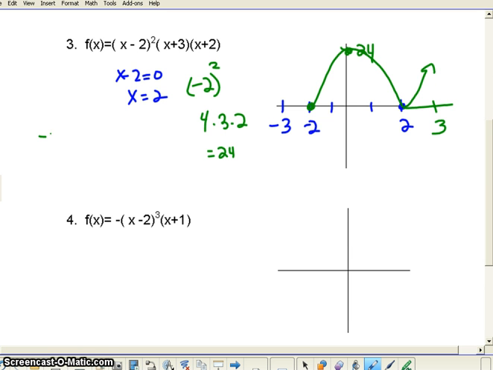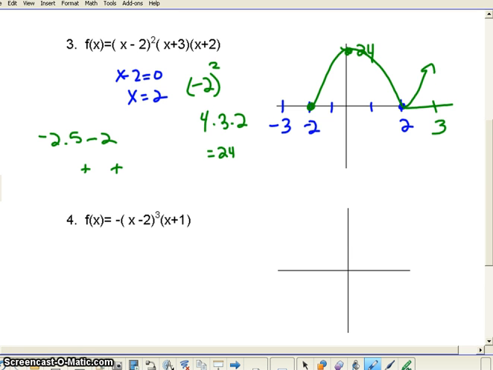All right, now the behavior over here on the left, okay, somewhere between -2 and -3. So -2.5 minus 2. What is that going to be? Negative, but then you square it, and it's going to be positive, isn't it, when you square a negative? All right, -2.5 plus 3. Positive, because 3 is bigger than 2.5.